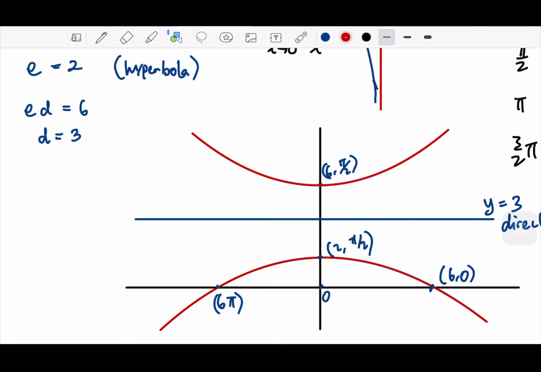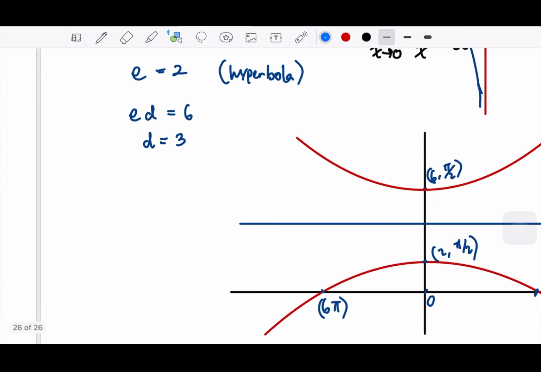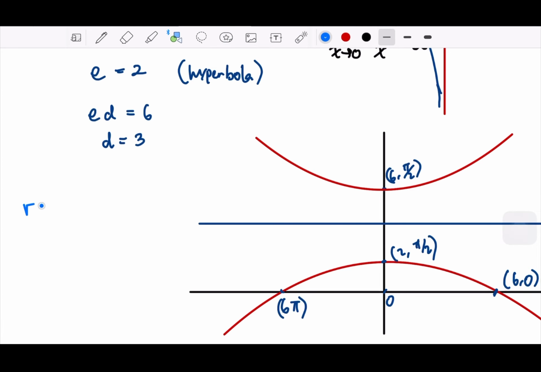But anyway, if you want to be more accurate, you can also check the asymptote. How to check? We can write the equation first: r equals 6 divided by 1 plus 2 sine theta.